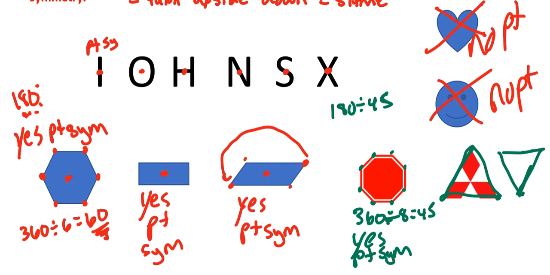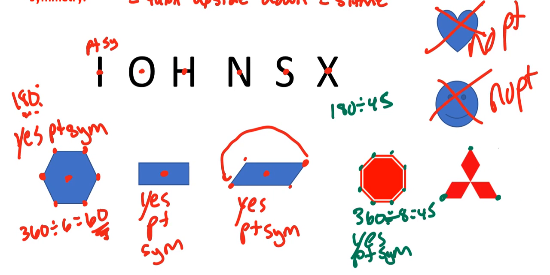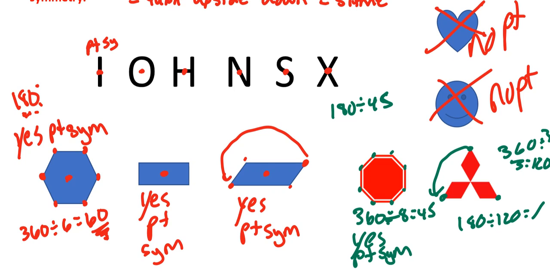So it's already a no, but to figure out the exact reasoning with the degree, let me show you what that would be. So we already did 360 divided by 3, and got the answer of 120. So from here to there is 120 degrees. So if I did 180 divided by 120, it does not go in evenly. So therefore, that's why it's no point symmetry.